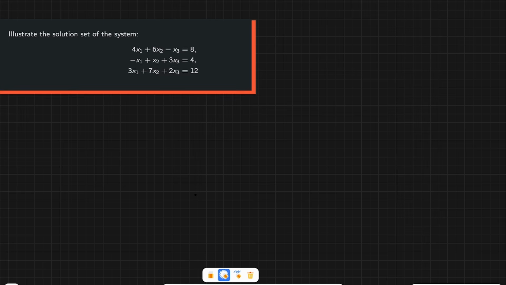Moving ahead. Now you have: illustrate the solution set of the system. So illustrate the solution set of the system means what? You have to find out the solution of this system, or simply see how we are finding the solution set, or we can say the nature of this solution.